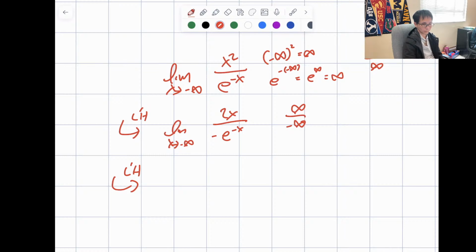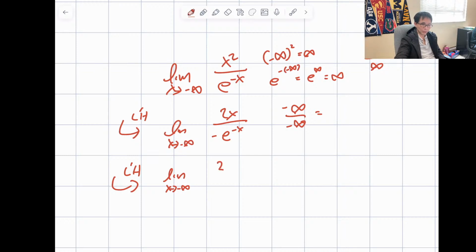Oh, you're talking about the top. Yeah, you're right. So that's still positive infinity over infinity. Regardless, it's still indeterminate form, so nothing changed. So I'll do L'Hopital's rule again.